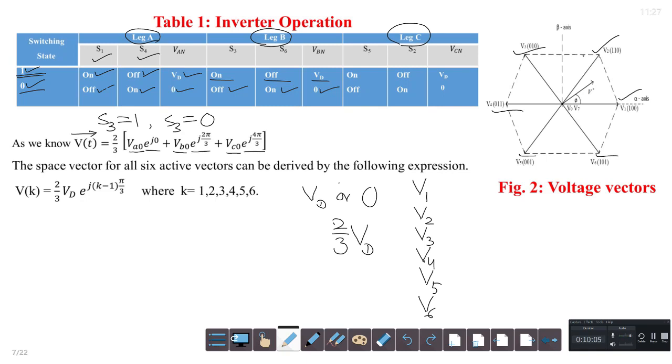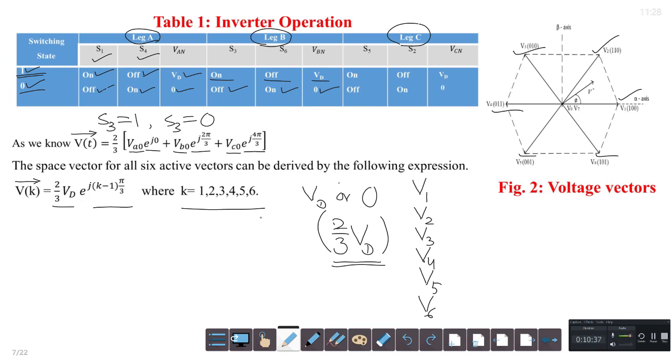Each voltage vector has magnitude 2/3 Vd, because the phase voltage of a particular phase with respect to the neutral is 2/3 Vd. So the voltage phasor Vk has magnitude 2/3 Vd and angle (k minus 1) times pi by 3, where k is a number between 1 and 6.